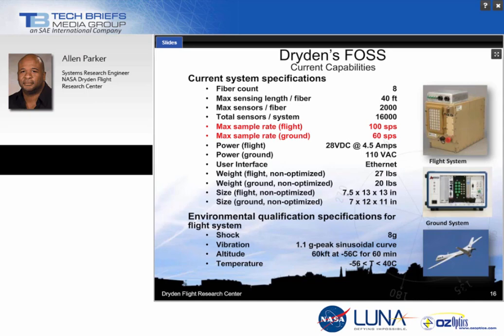We've been able to shrink all of that hardware down into a platform about the size of a shoebox. And since we've been able to do that, we've made possible that which we originally started out doing, and that was to take this technology into a flight environment. At the top of that chart is a picture of a flight box, which was ultimately flown on two different platforms. Next slide.